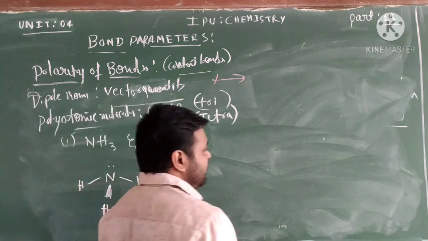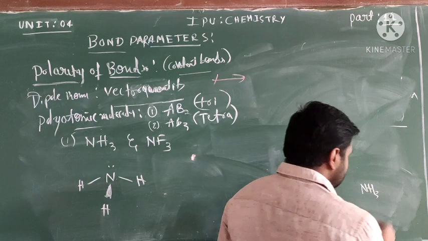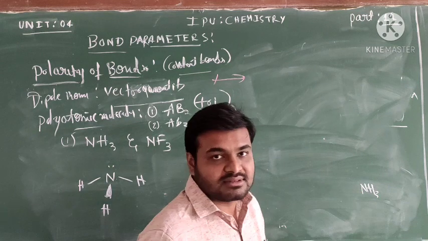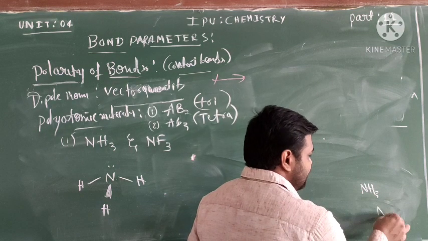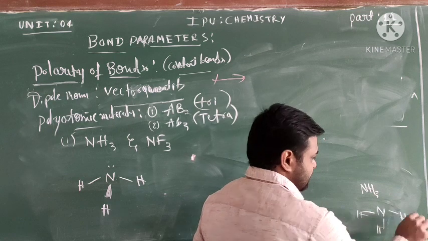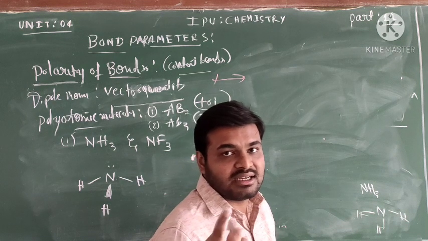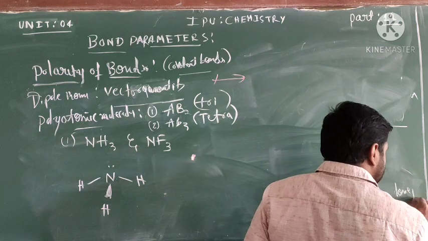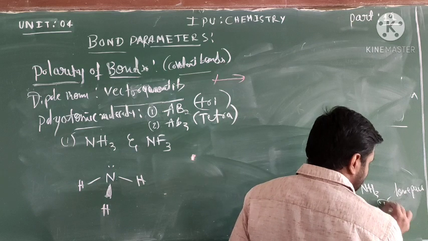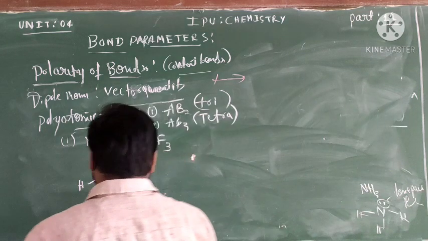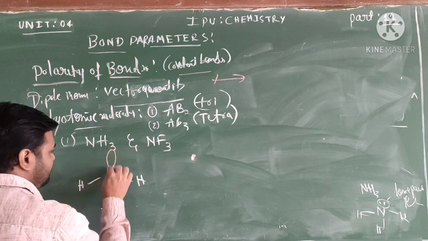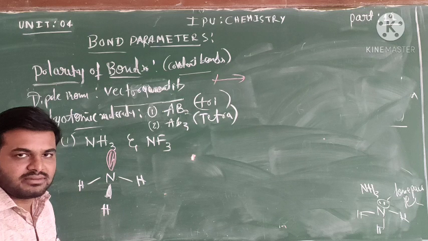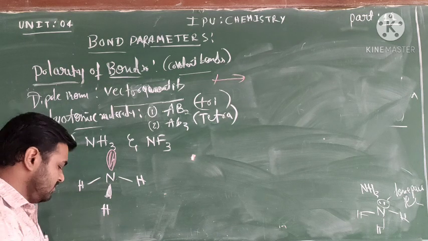Okay students, in ammonia, NH3, nitrogen has 5 valence electrons. Of those 5, 3 are shared with hydrogen, and the remaining 2 valence electrons are called a lone pair of electrons. One lone pair of electrons is represented like this. Okay, now see, this is the structure of ammonia.